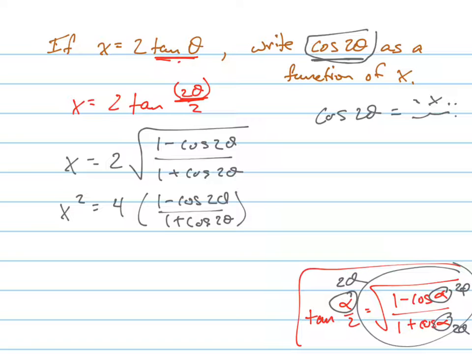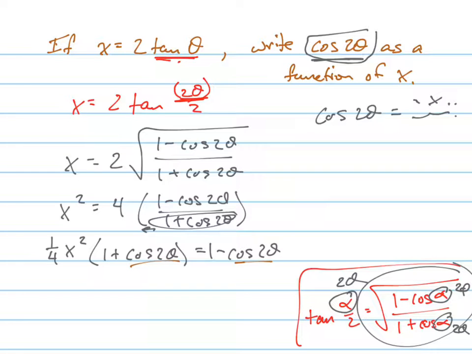Then divide everything by, or multiply by 1/4. So 1/4 x squared equals, etc. Actually, I'm not going to write the equals. I'm going to move this to the right as well at the same time. So times 1 plus cosine 2 theta equals 1 minus cosine 2 theta. Got it? So now I'm going to try to isolate these cosine 2 thetas.